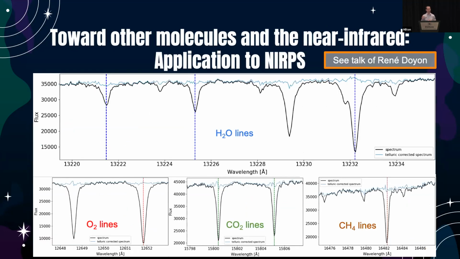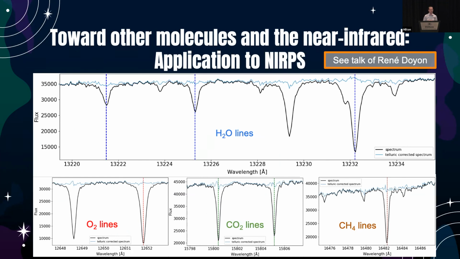Because ESPRESSO and NIRPS share the same data reduction software, we are also working on the implementation of this telluric correction for NIRPS. You can see here an example of the telluric correction for water vapor on the top panel, oxygen lines on the bottom left, CO2 lines in the middle, and CH4 on the bottom right.